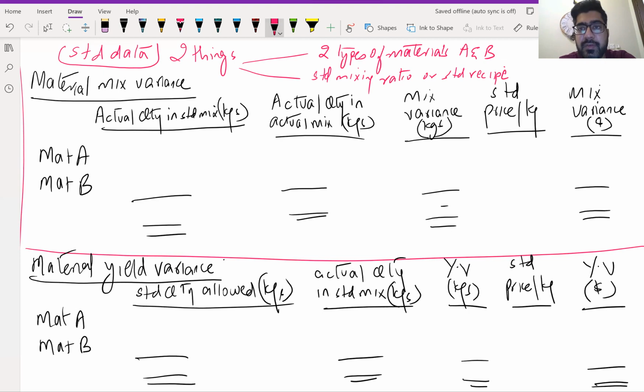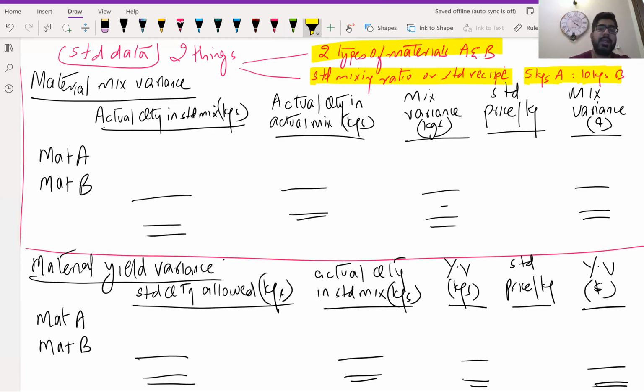The standard mixing ratio or standard recipe states 5 kgs A and 10 kgs B. So the standard mixing ratio is basically 5:10. This you should extract from the standard data.